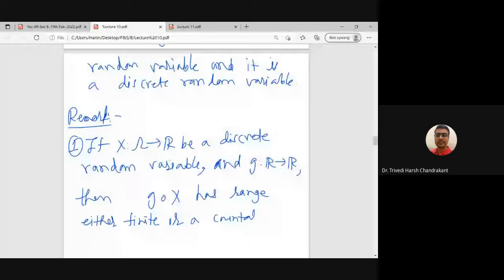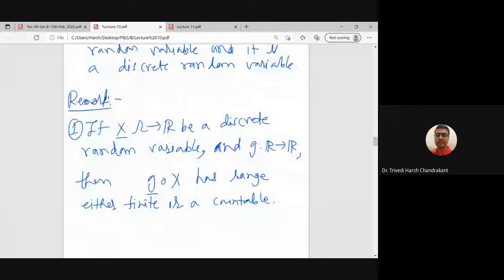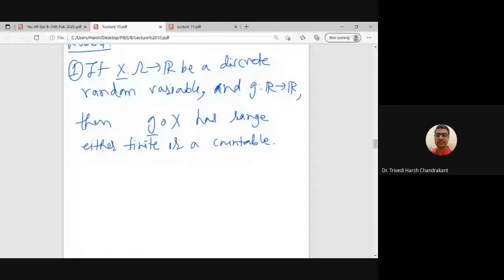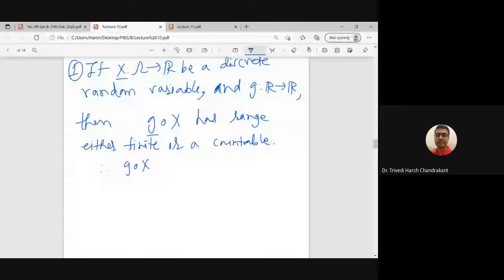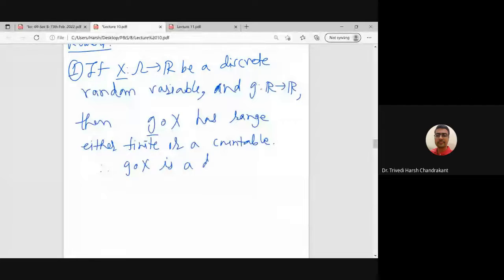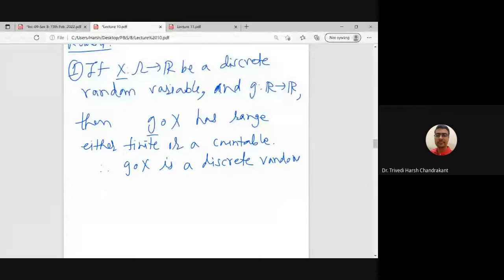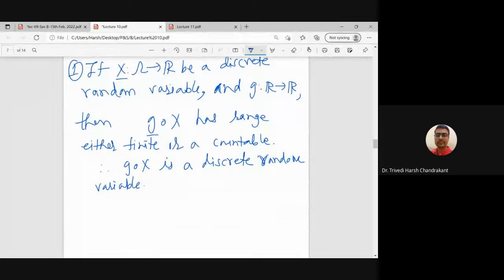Since X has finite or countable range, the input of G is finite or countable, therefore the output of G is finite or countable. So the composition has a range either finite or countable. That means the composition is a discrete random variable.